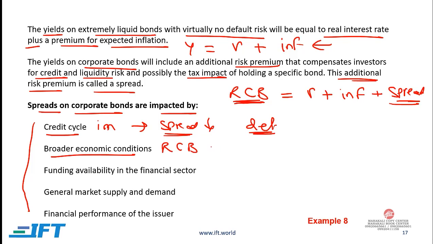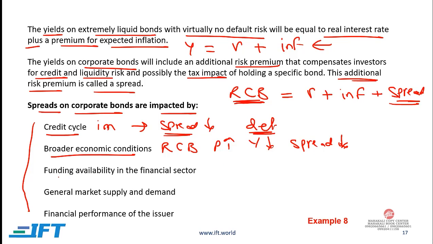Since more money is flowing here, the price goes up, the yield comes down, which means that the spread will come down. And the opposite is also true. If the economy is performing poorly, then money flows into the safer government bonds, which means that price comes down, yield goes up, and the spread increases.